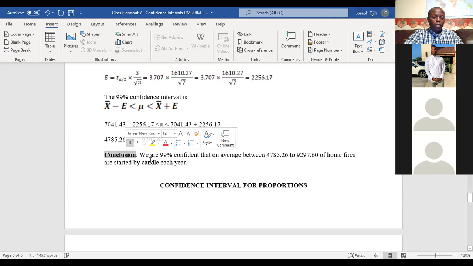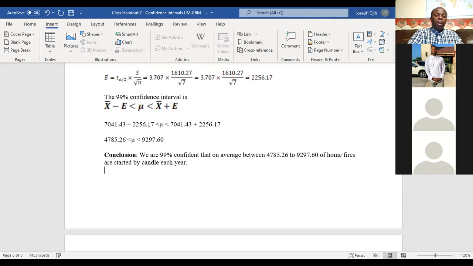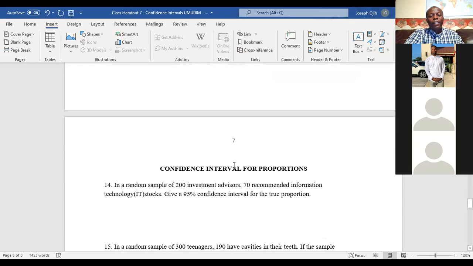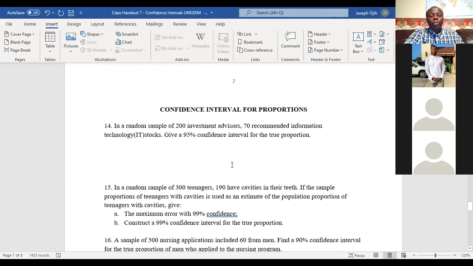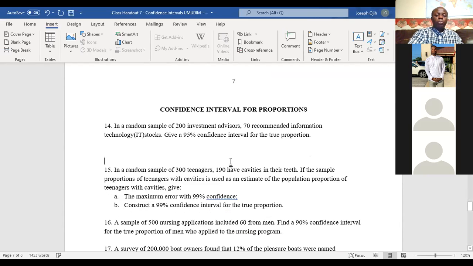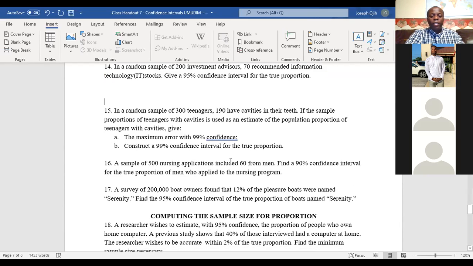Okay. So tomorrow we'll do confidence interval for proportion. That will be a lot to remember.